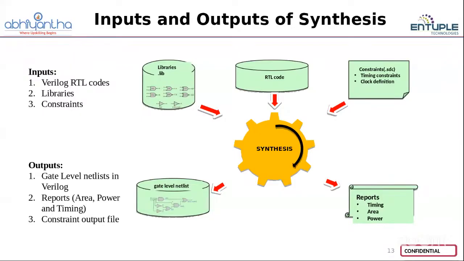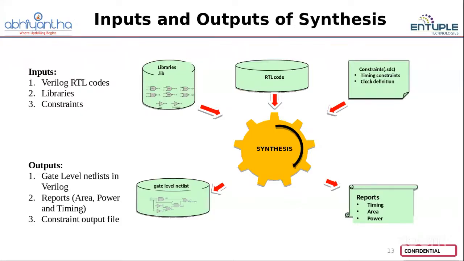For simple analysis, if you keep on changing the constraint, the number of gates keeps on changing. If the number of gates changes, automatically your area changes, your power parameter changes and your timing parameter also changes.